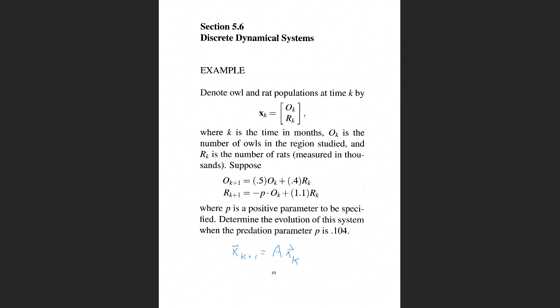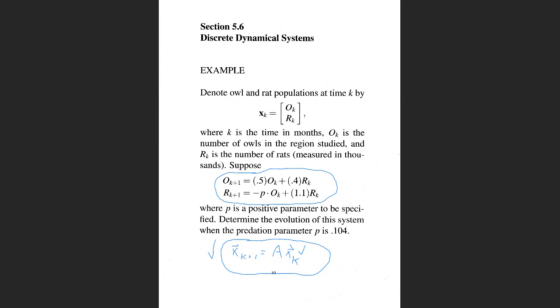You could also interpret this as the number of owls this month is equal to a matrix A times the number of owls last month. This matrix equation represents this system of equations.